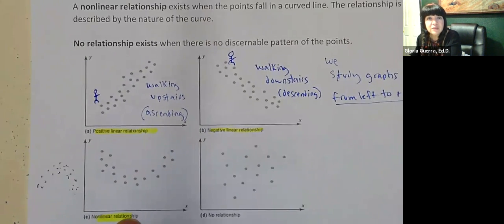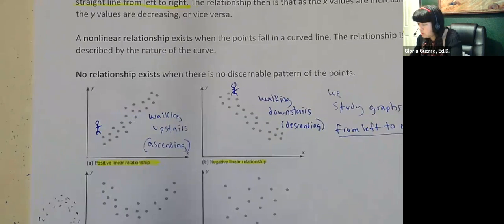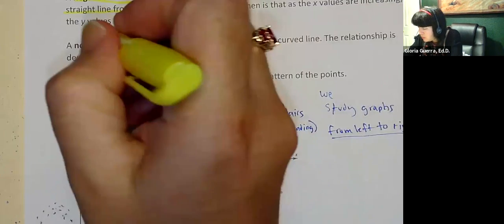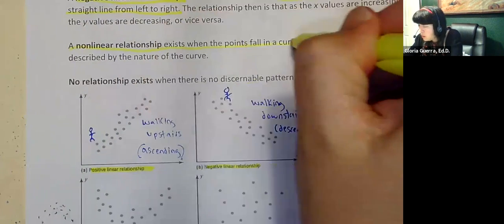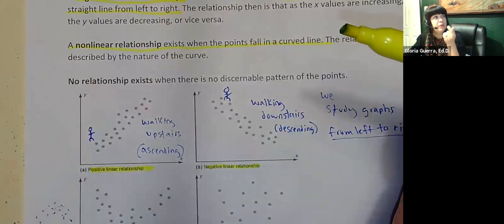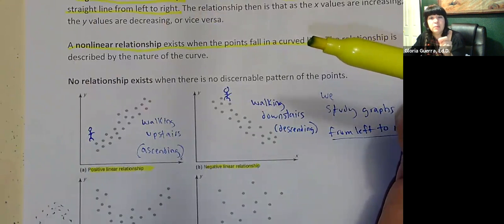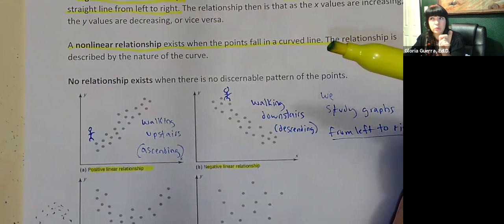So it says here that a nonlinear relationship, and I don't think they gave you any examples in your ebook that are nonlinear. If you ever want to work extra problems, the back of your ebook has the answers to the odds, so you can always try to work out the odds and then check your work.